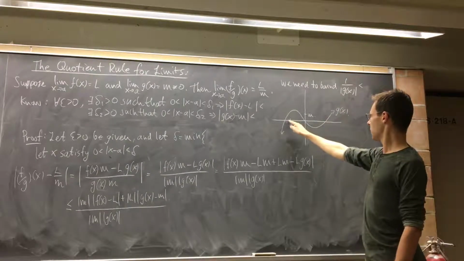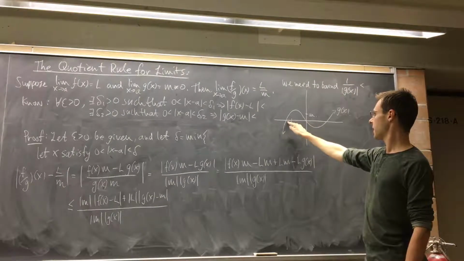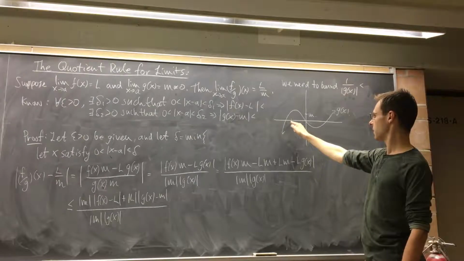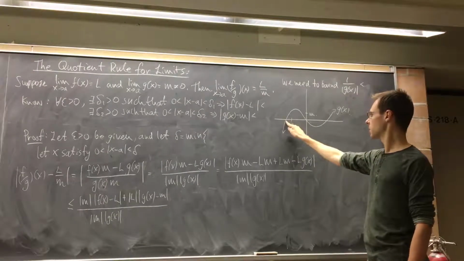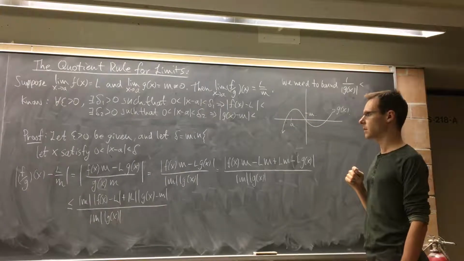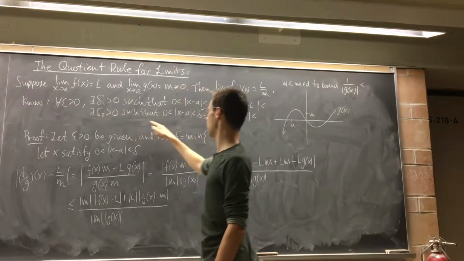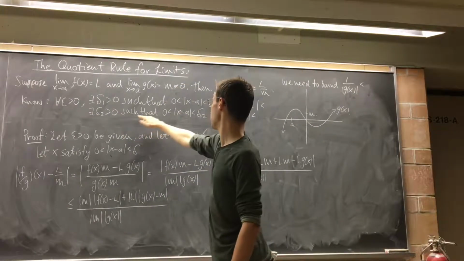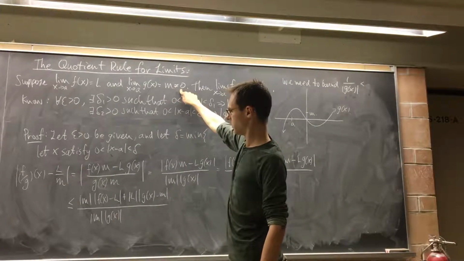Now, if we look at x's within a delta window around a, we can't have delta big enough that one of those x's could be a 0 of g. Okay? So we want to cut things off before a root comes in. The best way to do this is to use this second line here. Okay? We know that the limit as x approaches a of g of x exists and is non-zero.